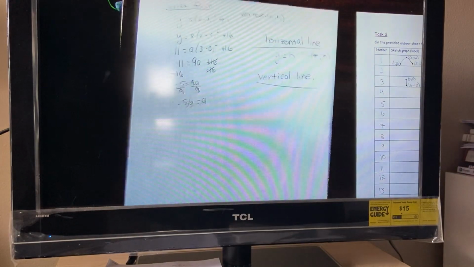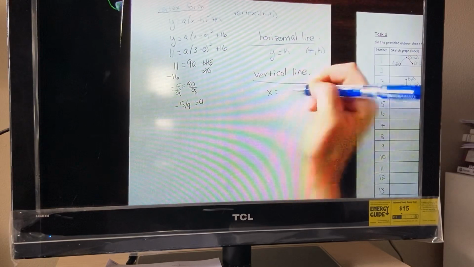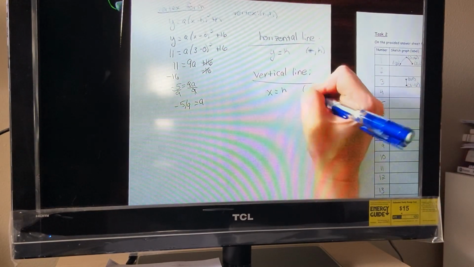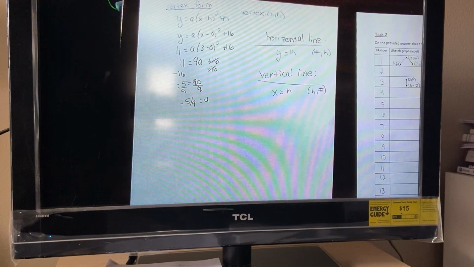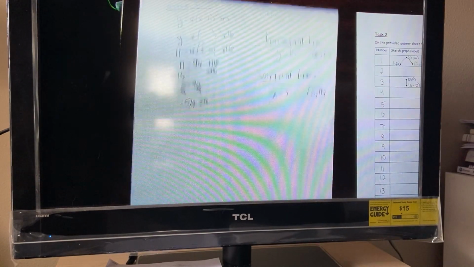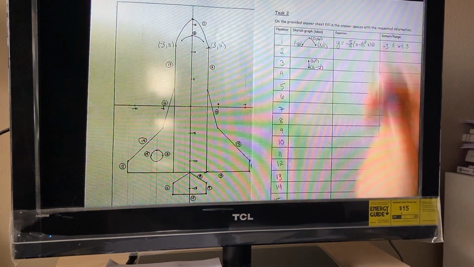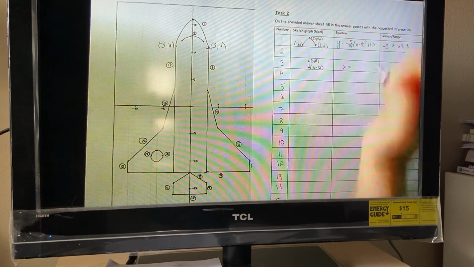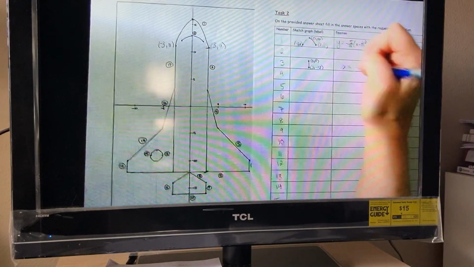Okay, the vertical lines are going to be just the other one. So it's going to be x equals h, where you have h and then some number. All right, so those are always going to be what those vertical lines and horizontal lines look like. So that makes my life very simple. This one is a vertical line, so it's going to be x equals, right? And then it's whatever its x value is. X value is 3.